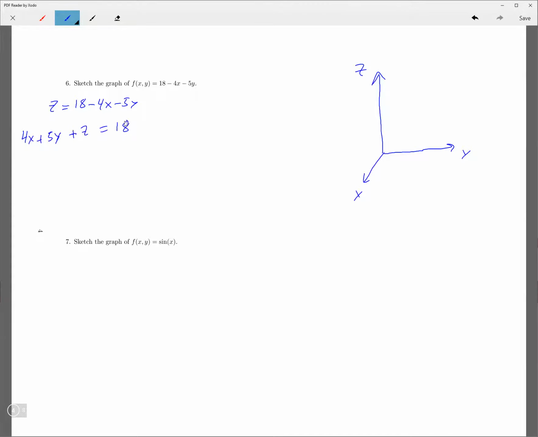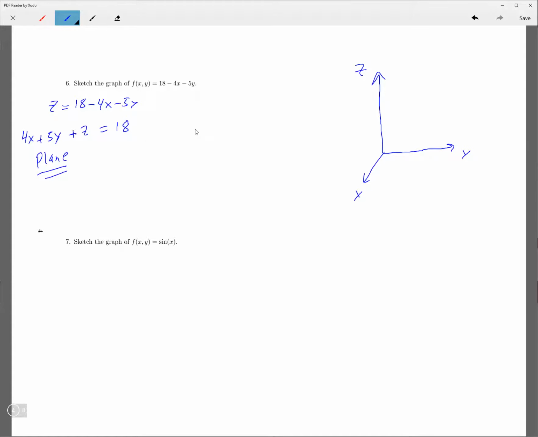Did the test fry your brain? This was on the test. That's a plane, yes. And the normal to the plane is 451, right? 451 is the normal to the plane.